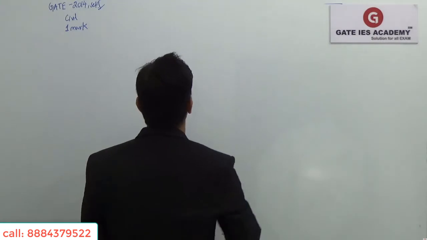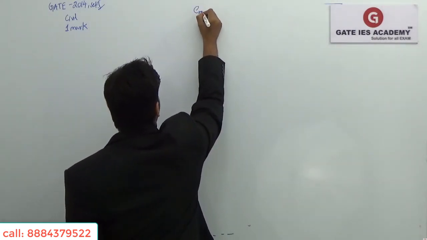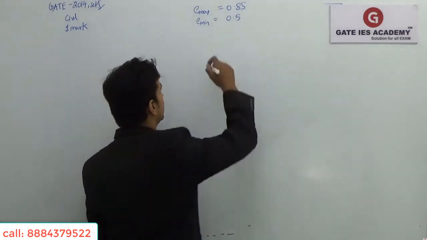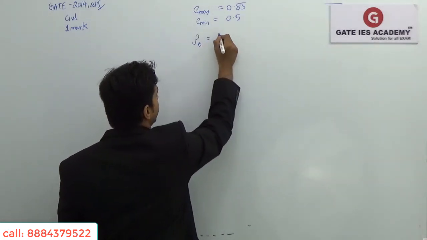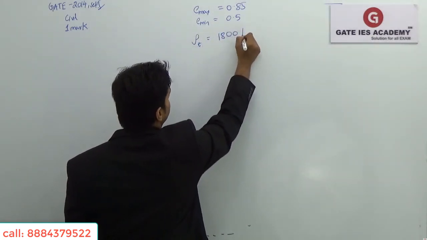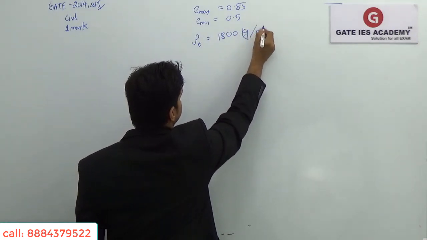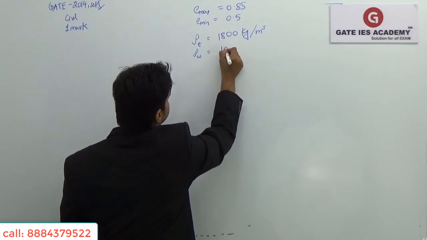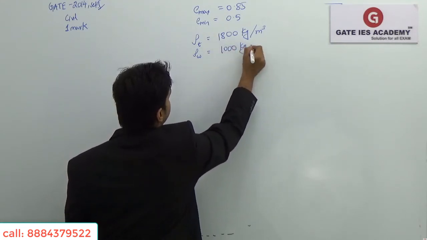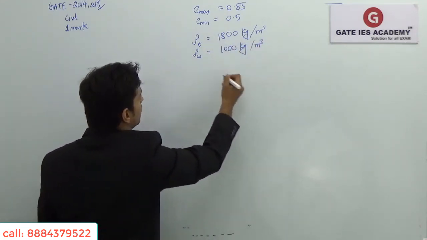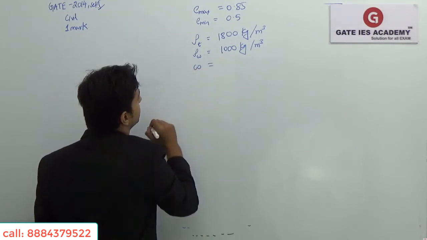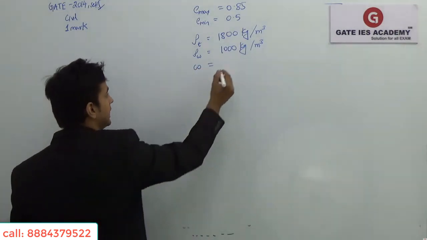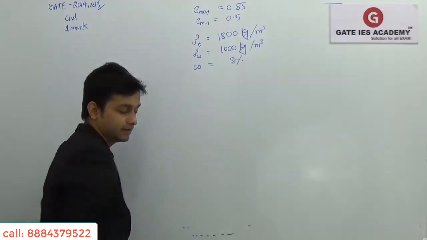Okay. So they have given us Emax. They have also given us the Rho T, which is 1800 kg per meter cube, and Rho W is given as 1000 kg per meter cube. Water content small w is given as 8%.